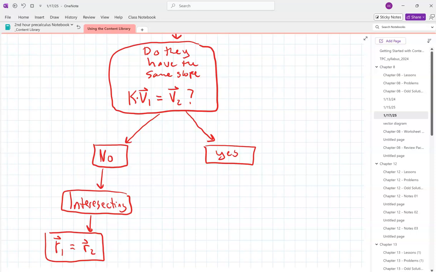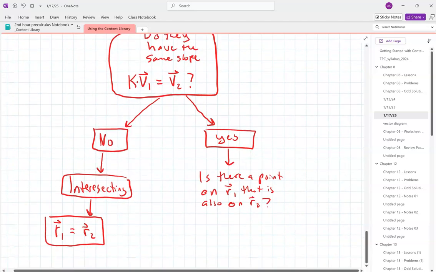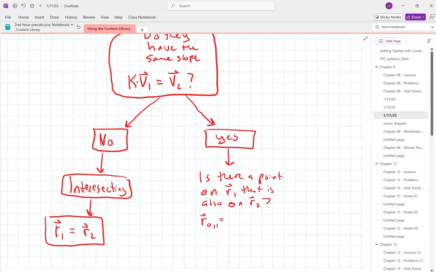If they have the same slope, then I know that they're either intersecting, or I'm sorry, parallel or coinciding. So I have to say, is there a point on R1 that is also on R2? So what I do is I say, okay, take R01 and I set it equal to R2.